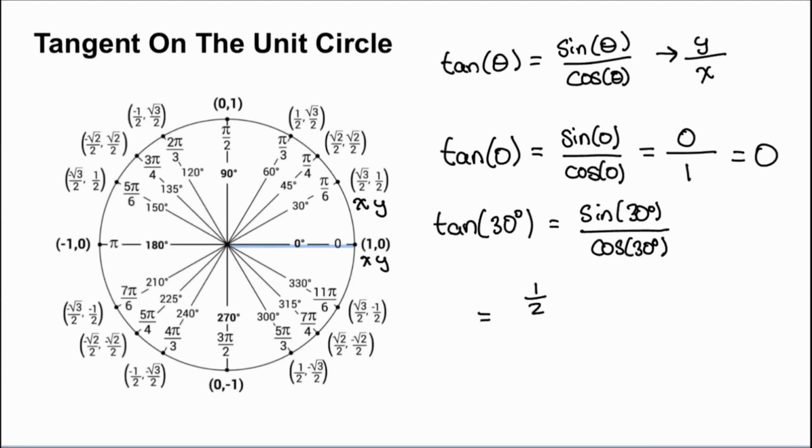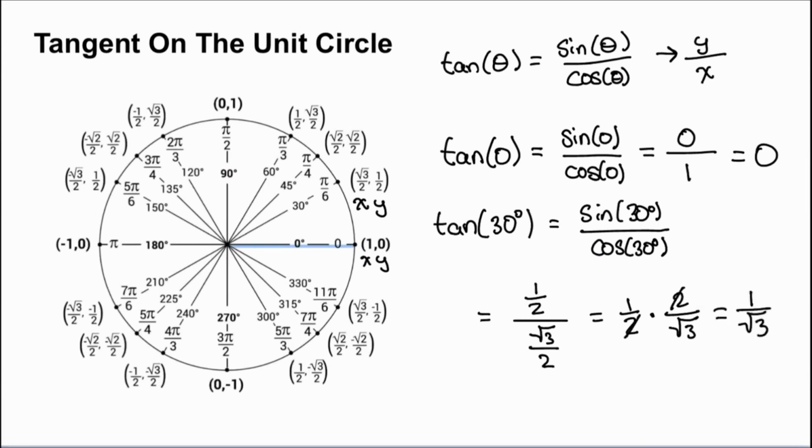So it's going to be 1/2 over the square root of 3 over 2. Now we're going to simplify this a little bit. We're going to do 1/2 times 2 over the square root of 3. This is the technique called keep, change, flip. This is how you divide two fractions by each other. You could also multiply by the reciprocal. That's basically what I'm doing, but I like to abide by the acronym keep, change, flip because it helps me visualize it better. So these twos cancel out, and we're left with 1 over the square root of 3.